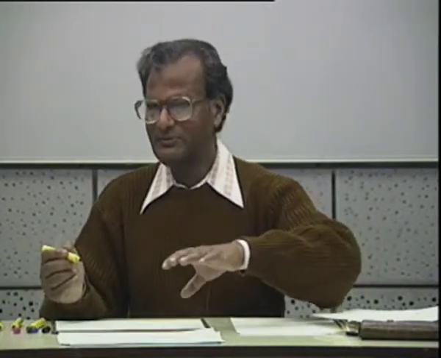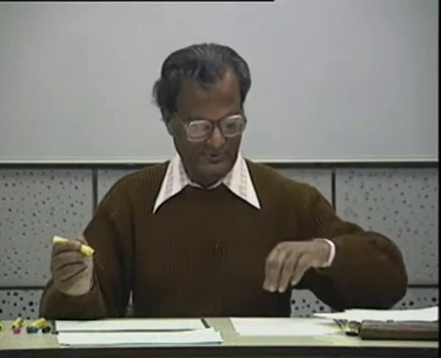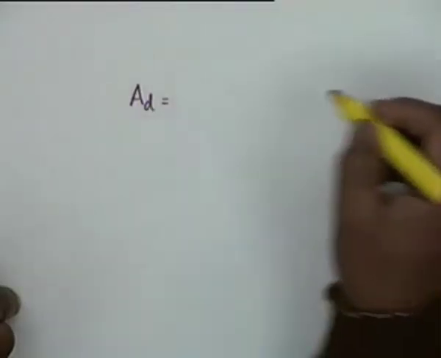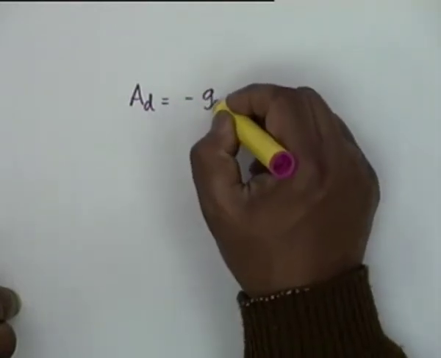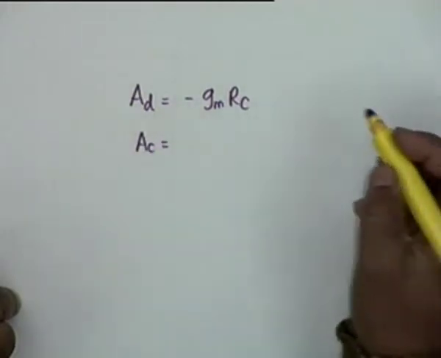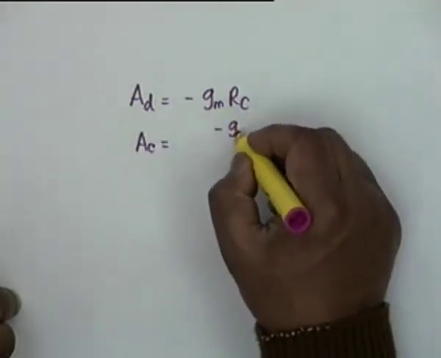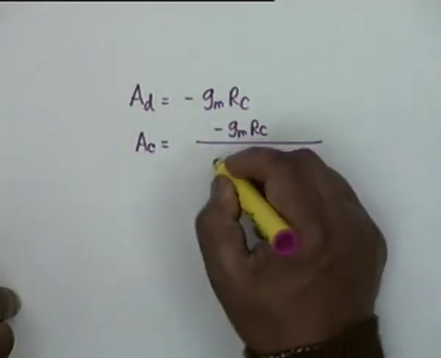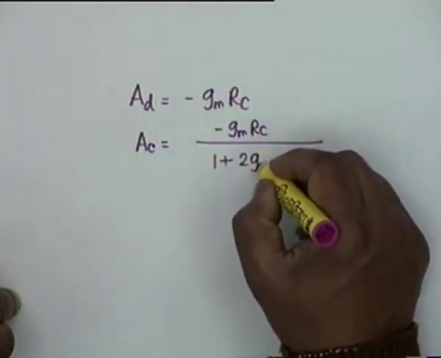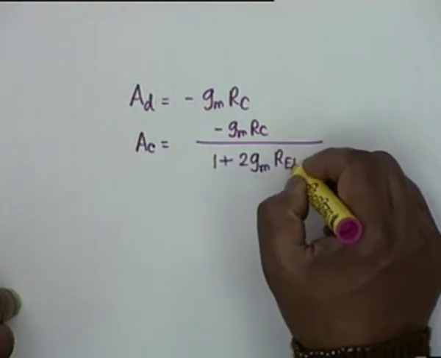Have we calculated the input resistance? Yes, input resistance we have calculated. Now I go back to my two gains. AD is minus gm RC and AC, the common mode gain, is minus gm RC divided by 1 plus twice gm REE.